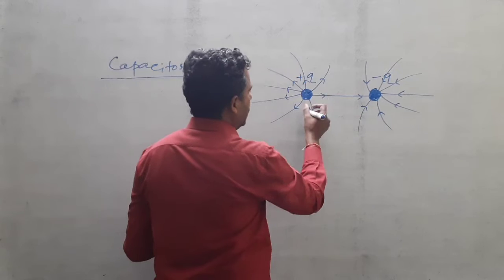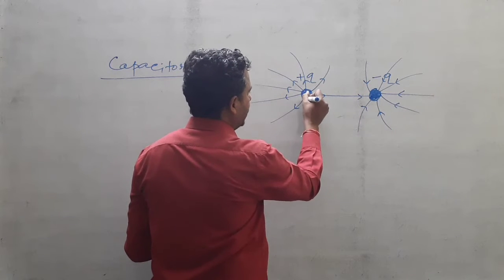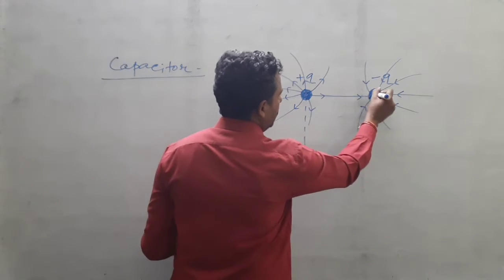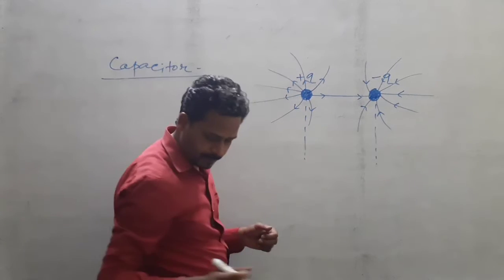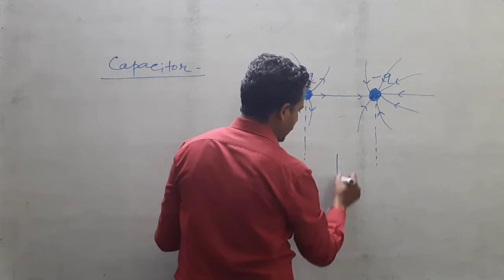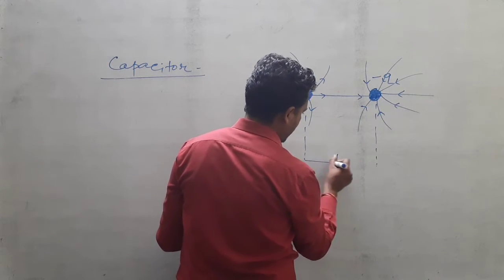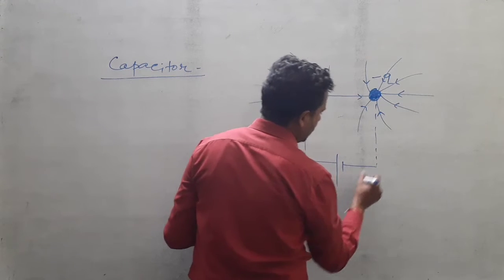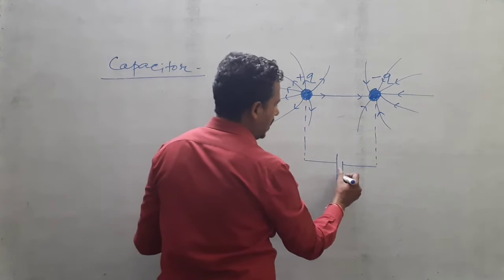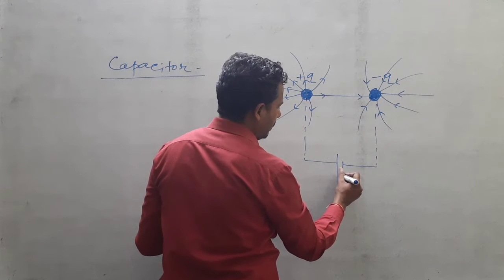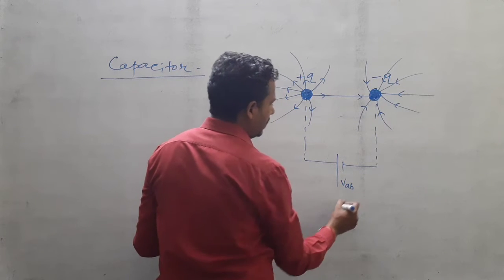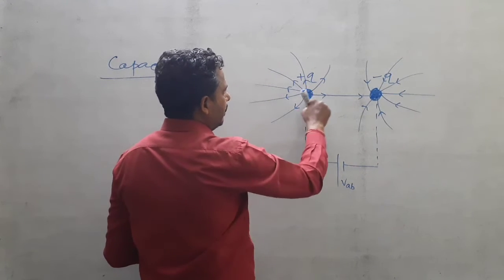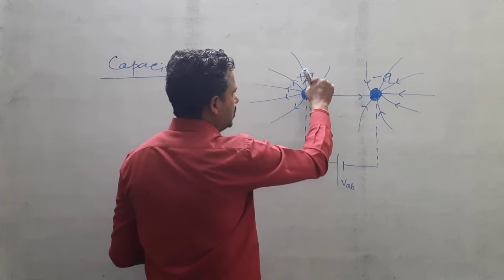Suppose we have given this positive charge on the surface by using some external source, like an EMF having a potential difference VAB. So this conductor gets charge.